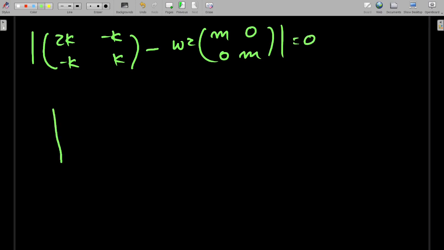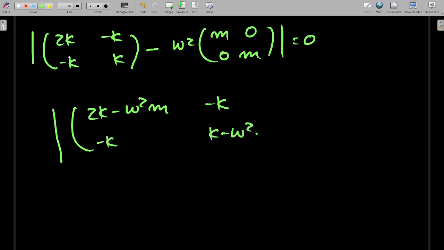Then we will get the determinant of 2k minus omega square m, minus k, minus k, and k minus omega square m, equal to 0.